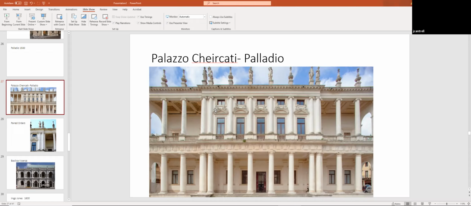We really haven't seen a paired column relationship before this because they're all relatively equally spaced. So Palladio does something very unique in this order. Of course, we can clearly see that the Doric order shows the triglyphs and the metopes and the frieze, and of course the entablature. Then, in the Ionic order, you don't need to show that, so it's completely smooth.